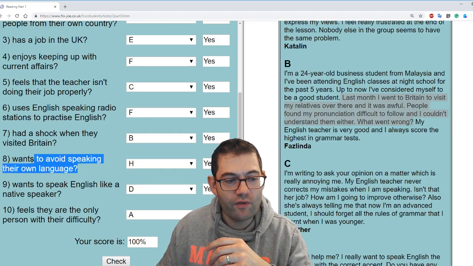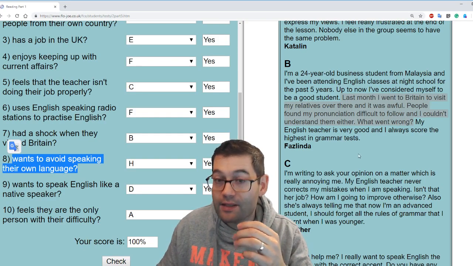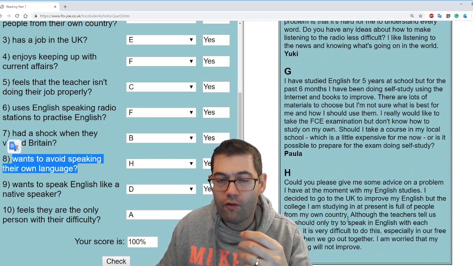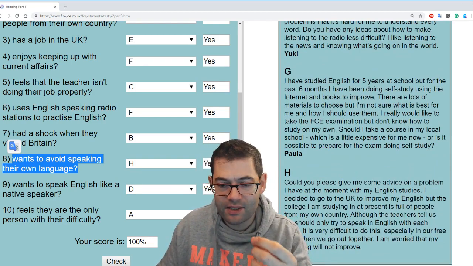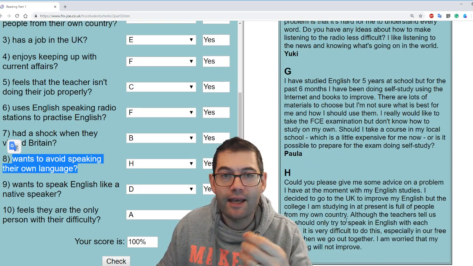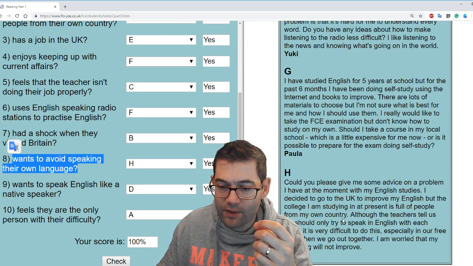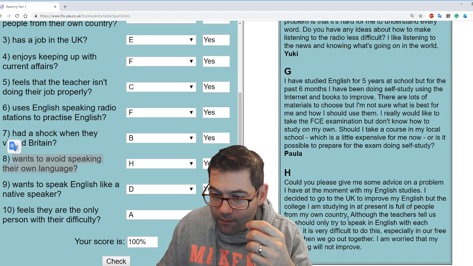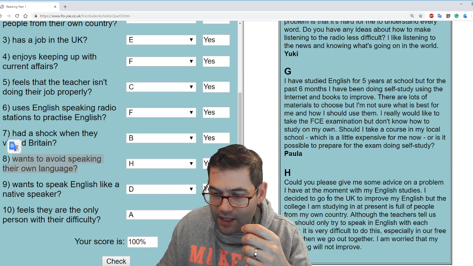8. Wants to avoid speaking in their own language. This goes back to the last one, H, and the criticism of everyone else in that person's class speaking in their L1 or native language. And if we look at avoid speaking in their own language, let's see if we can find the exact vocabulary link.